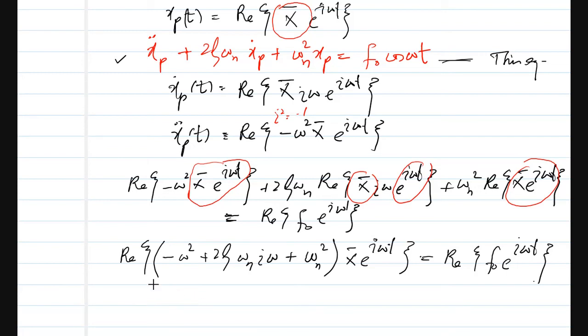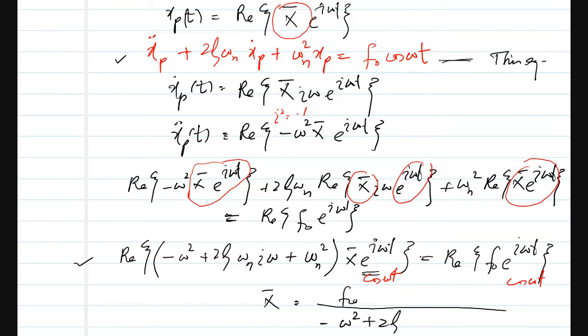Now if you apply the real function on this equation, the real function can only apply to e iota omega t, which becomes cos omega t, and on the other side it also becomes cos omega t, which is cancelled out. So you end up with x bar, if you take this in the denominator on the right hand side, x bar is nothing but f naught over minus omega square plus 2 zeta omega n iota omega plus omega n square.